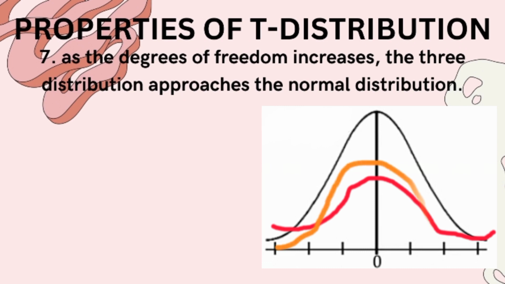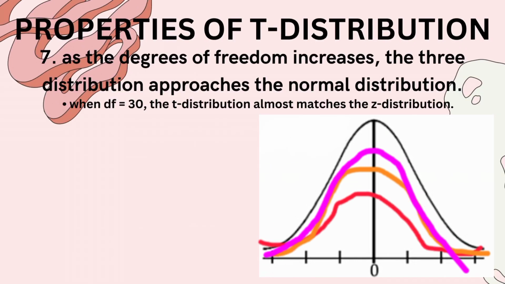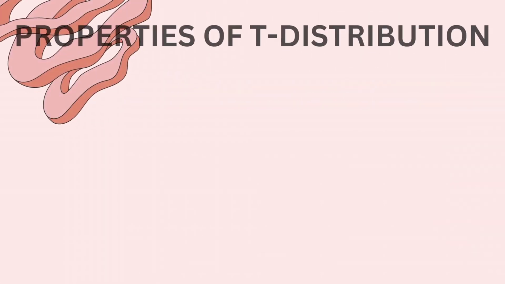This one is a T-distribution with degrees of freedom equal to 5. And this one is a T-distribution with degrees of freedom equal to 10. So when the degrees of freedom is equal to 30, then the T-distribution almost matches the Z-distribution.